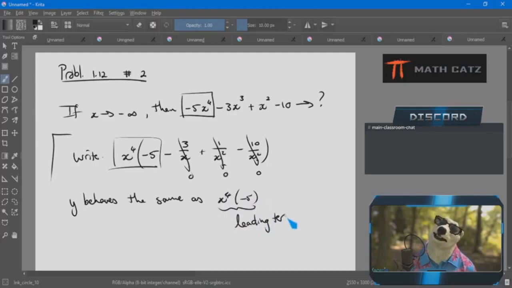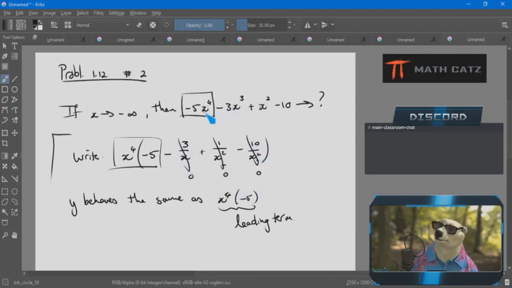And this is a key property of the polynomial, that if I ask a long-term behavior question, then the polynomial behaves the same as its leading term. The other terms make ups and downs in the short term. Long term, they all fall away. This is what these arrows going to 0 essentially say.